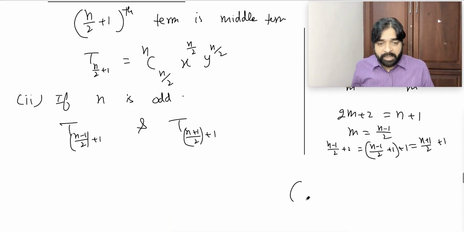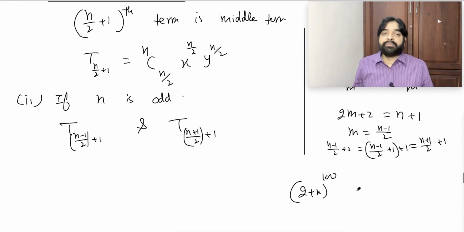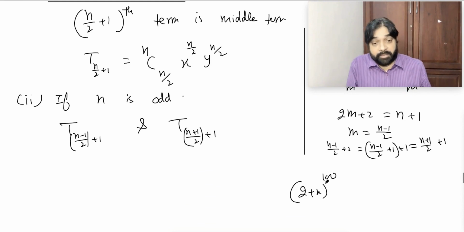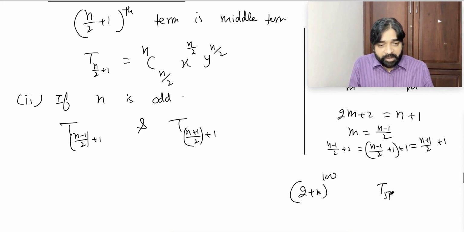If anybody asks, tell me, 2 plus x power 100, which term is the middle term? Now n is even, so the middle term will be T51. Just now I told you, the n by 2 plus 1th term is the middle term. The 51st term is the middle term. If I say 2 plus x power 51, which is the middle term? Now there will be two middle terms.